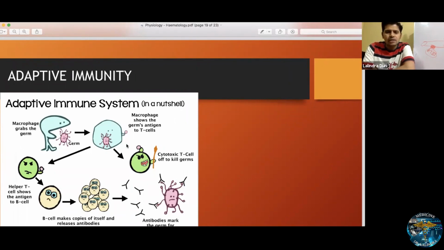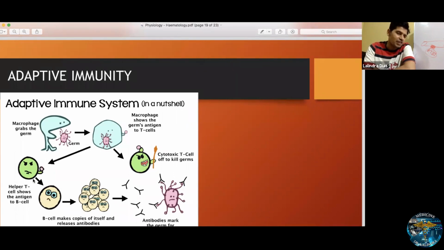So here you can see the macrophage is showing the antigen of the germ to the cytotoxic T cell, and also showing the antigen of the germ to the helper T lymphocytes.